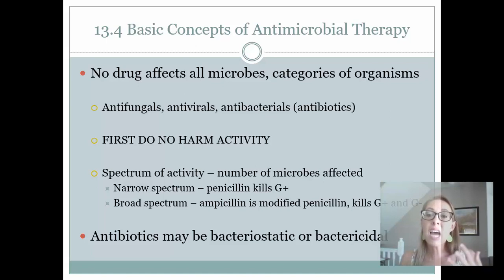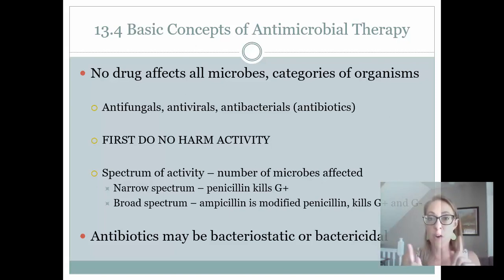Our antibiotics, or our antibacterial drugs, are going to be targeting prokaryotic cells. Our cells have a lot of differences between them in terms of structure and in terms of various processes, and so we can target those things that are unique to our prokaryotic bacterial cells without harming our own cells.